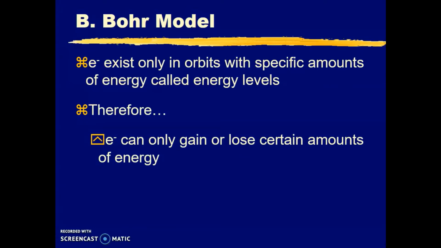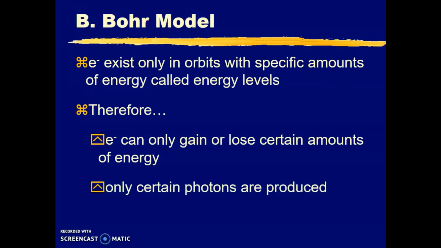Since they reside in those orbits with specific energies, that means that when an electron loses energy and goes into another energy level, it can only lose a certain amount of energy. Those little energy packets that we talked about, those quanta. Because it doesn't slowly travel into the next orbital, it jumps from orbit to orbit with those specific amounts being released.